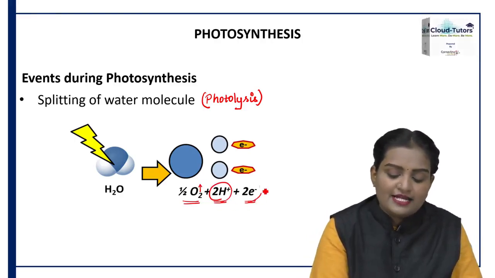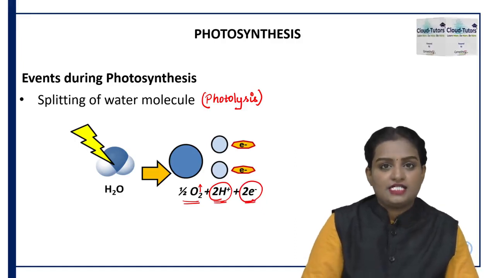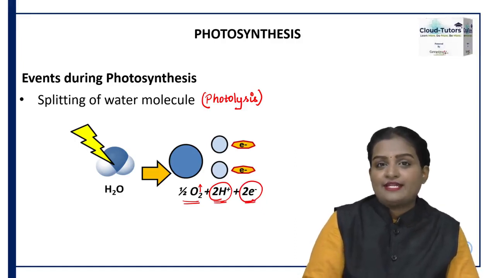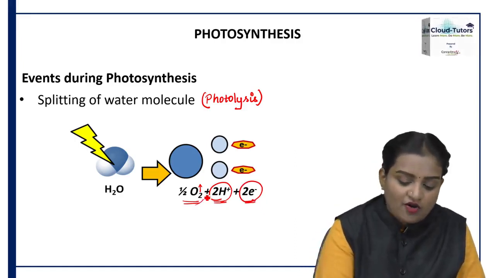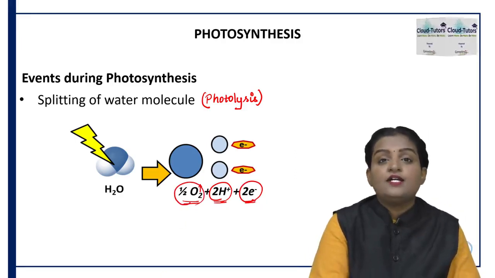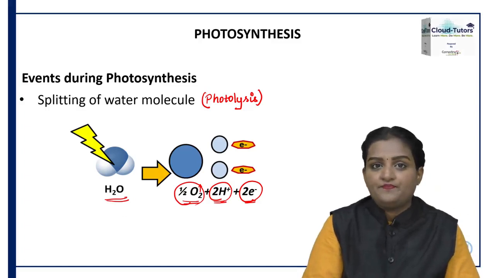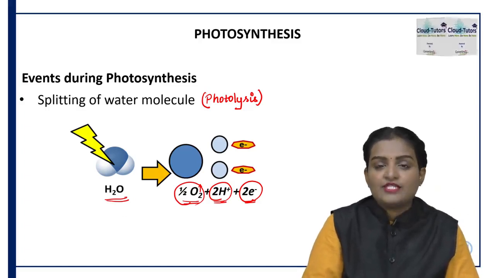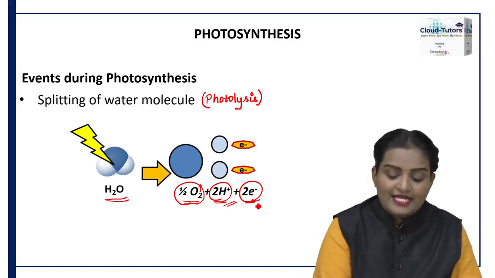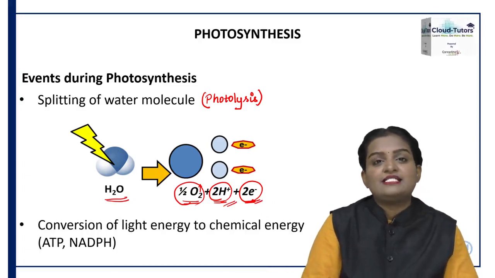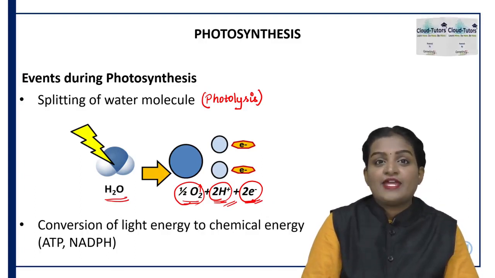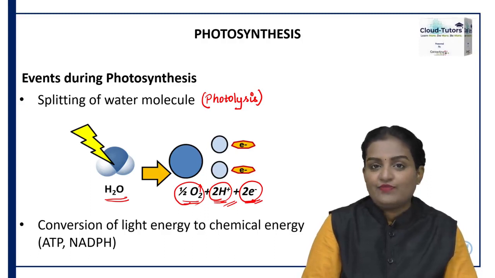H plus and electron will be utilized in the third step. So why is this step important? Because oxygen that is liberated during photosynthesis comes from the water. Now third step is utilization of H plus and electron, which is basically the production of NADPH and ATP.